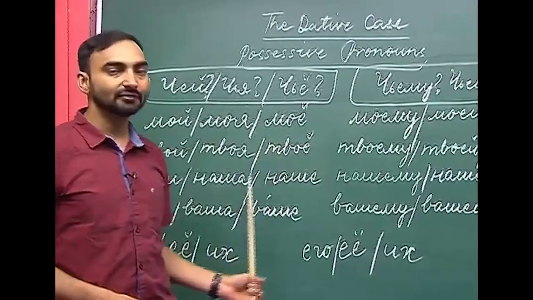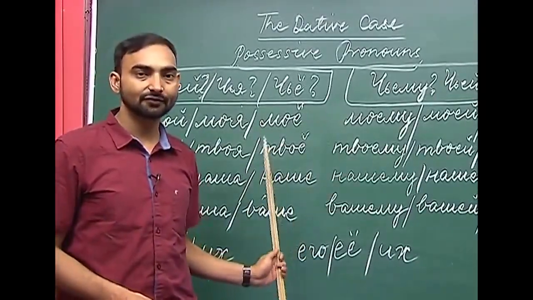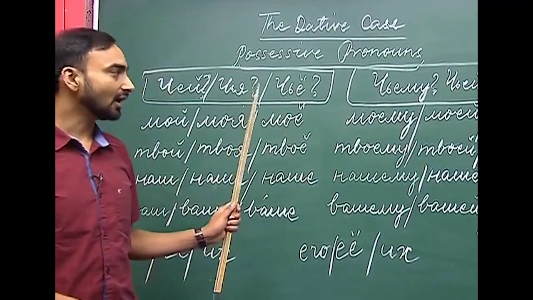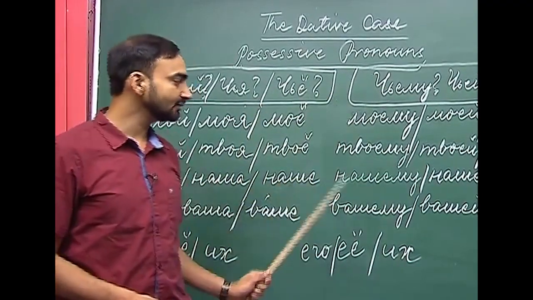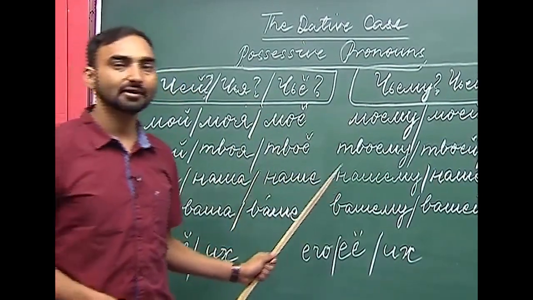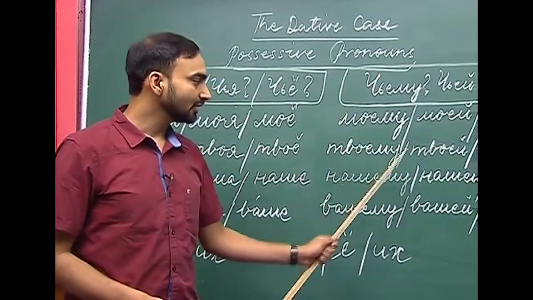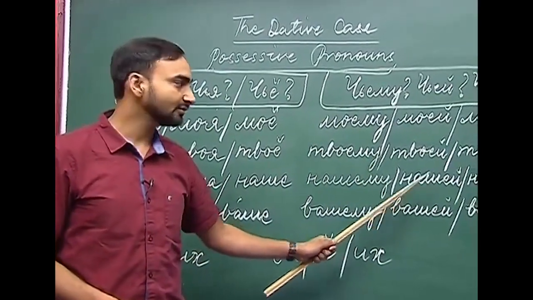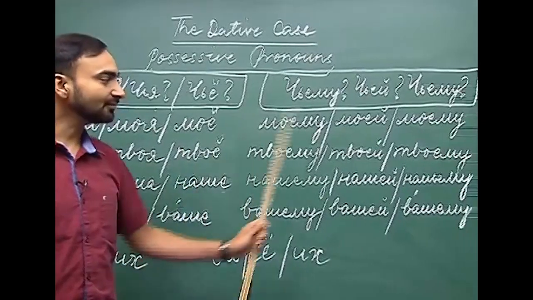So, what happens when these forms of the possessive pronouns are used in the dative case? Nash becomes nashemu, nasha becomes nashei, nashe becomes nashemu.